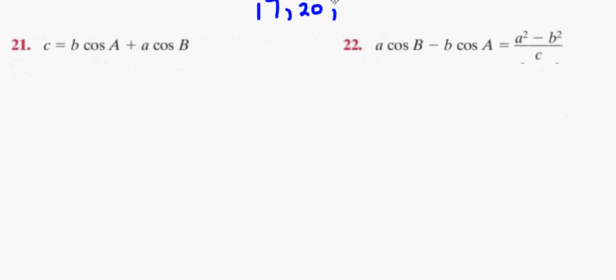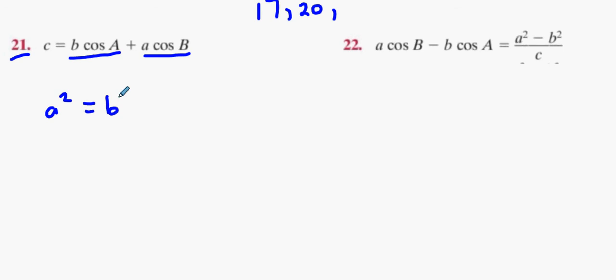Now, 21, I know it doesn't look it, but 21 looks difficult because it's lacking parts, right? So I'm going to go for b cos a and a cos b. So I'm going to write down the formula that starts with a.